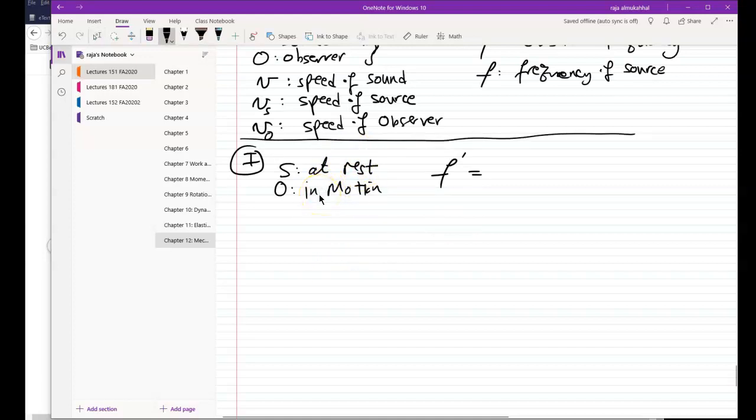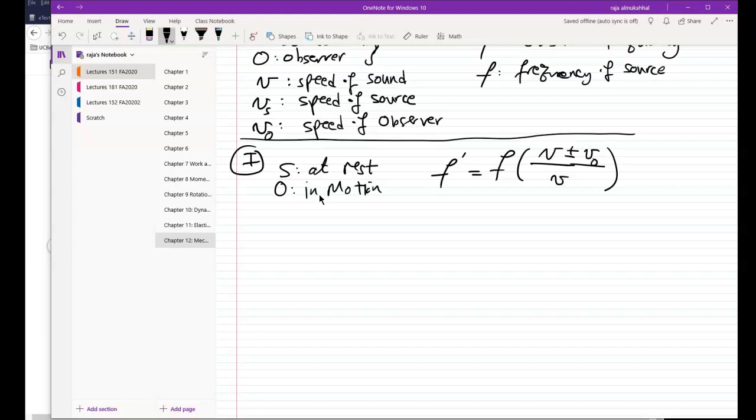Then the observed frequency F prime is equal to F times V over V plus or minus V naught over V. Okay, what does that mean? It means the following. Which one do I pick, plus or minus?